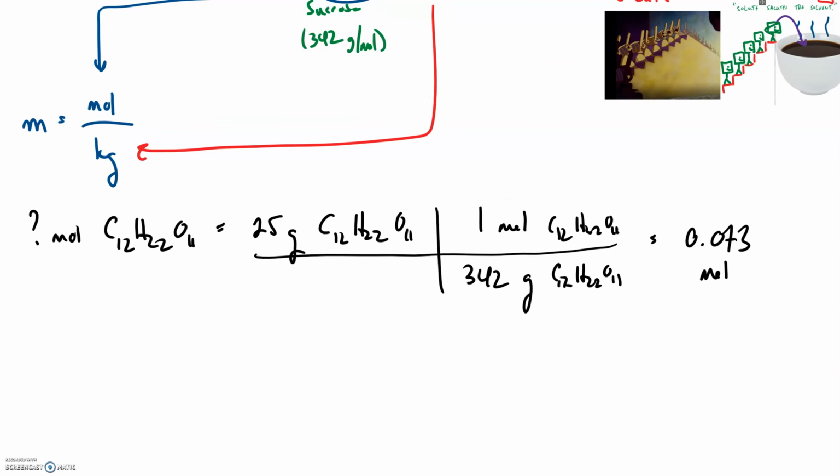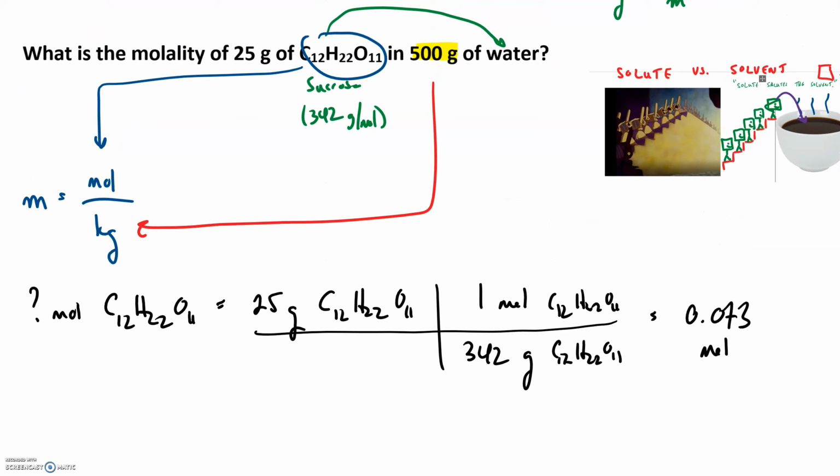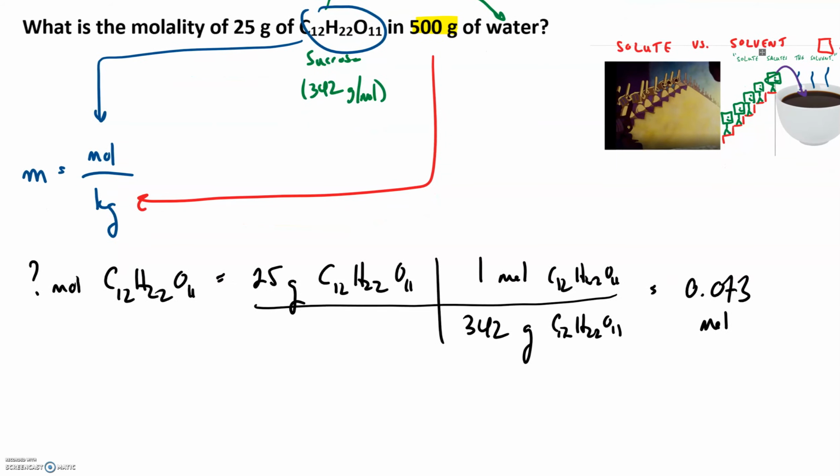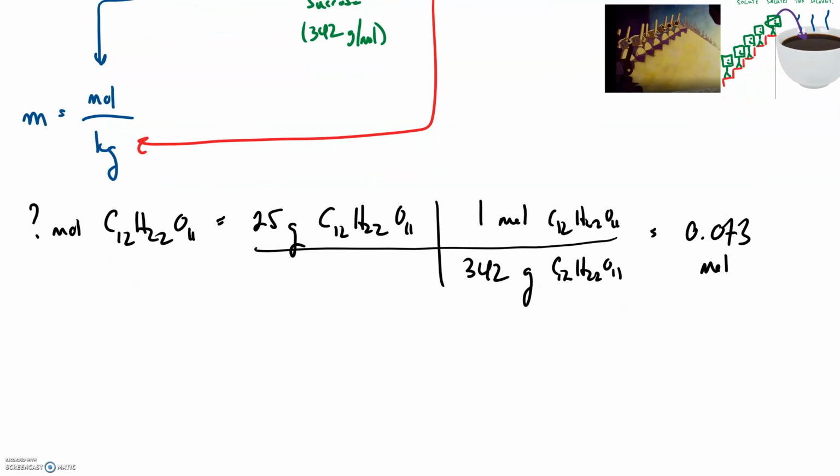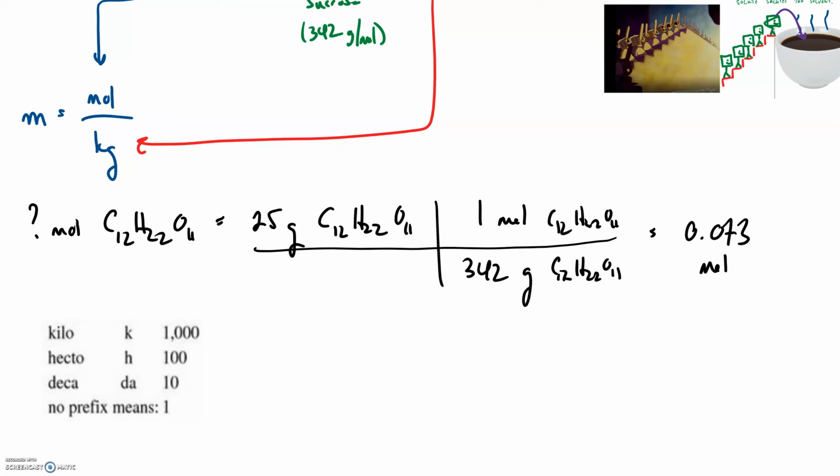Now we need to get our solvent into kilograms, and you're going to see this a lot where I give you the solvent in something other than kilograms. But you guys know how to go from grams to kilograms, right? And you can find that way back here at the beginning of the year in your list of prefixes.